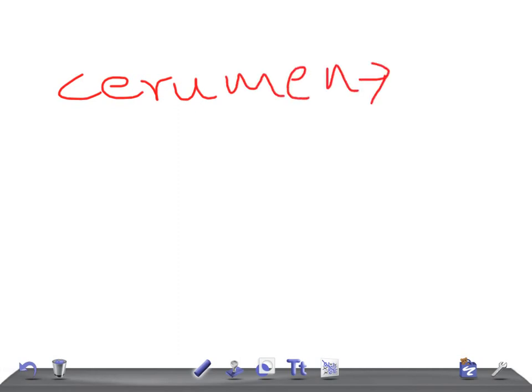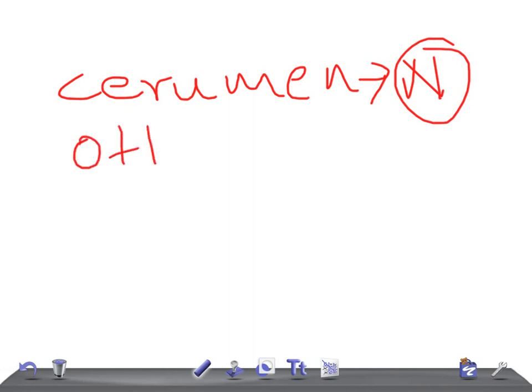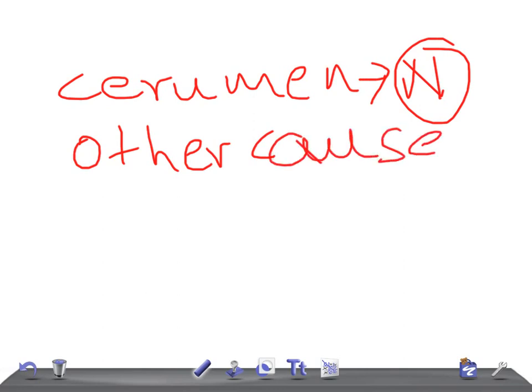Sometimes the cerumen level in the ear is normal, but the patient still has acute otitis externa, so there are other causes also. The other causes are like trauma, for example bobby pins. Trauma, very important.